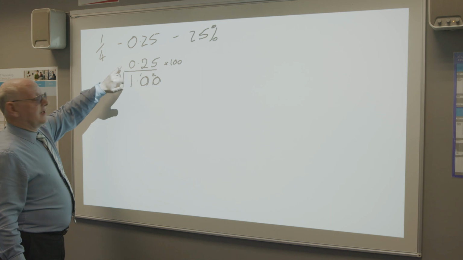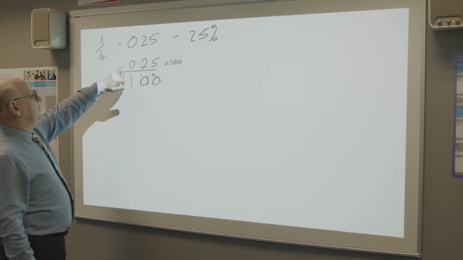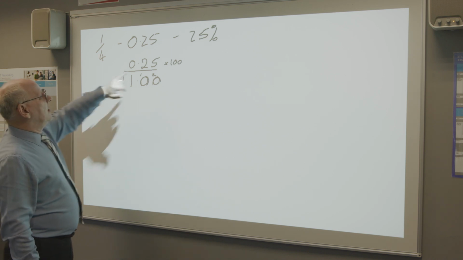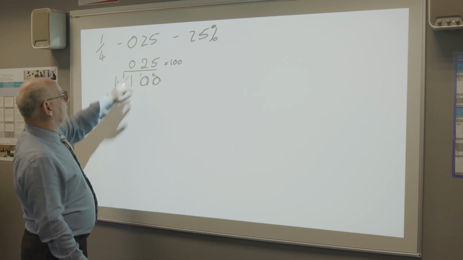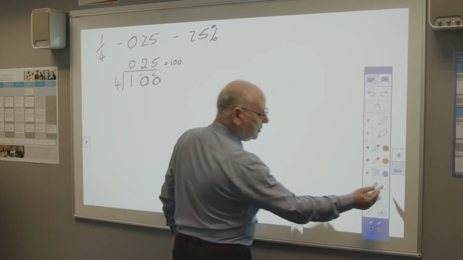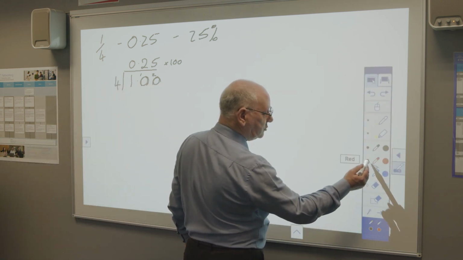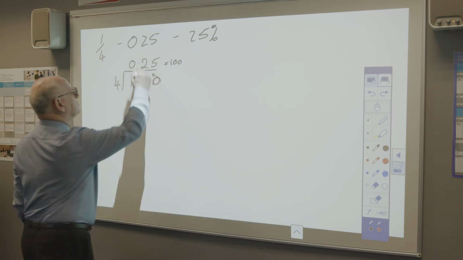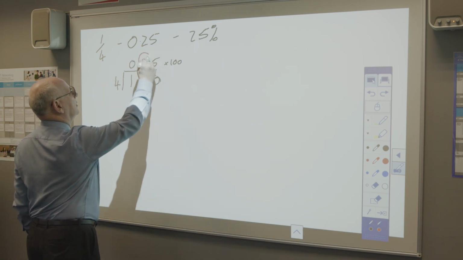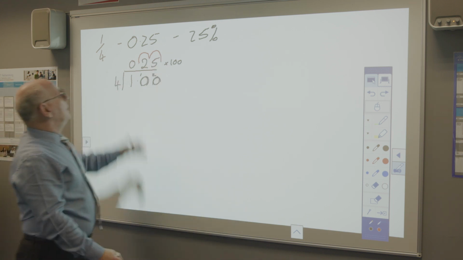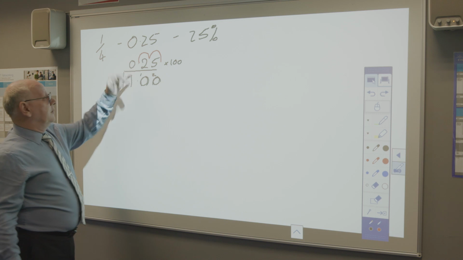And if you move it to the left, you're dividing by the same. You're dividing by 10, by 100, by 1,000, etc. So we need to multiply by 100, so we need to move this twice. Think of McDonald's. See the sign outside McDonald's? Okay, it's in yellow, mine's in red, but you can see what I'm doing.